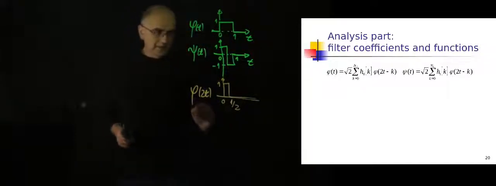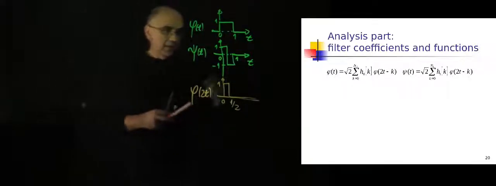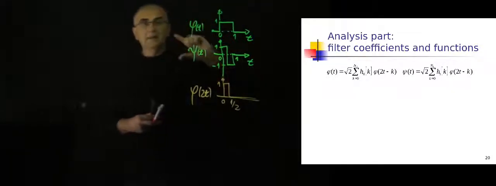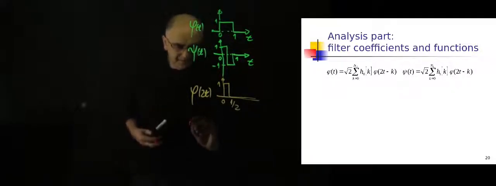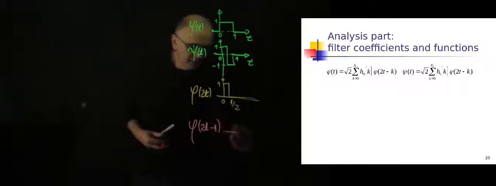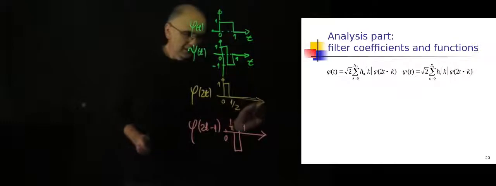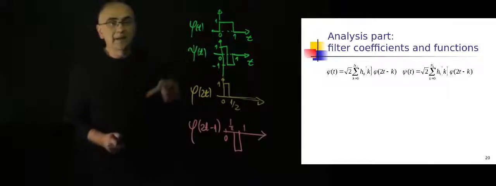So if I collect 2 guys, one which is shifted by 1 but with the coefficient minus 1, and I sum it up, I'm going to get my psi of t.